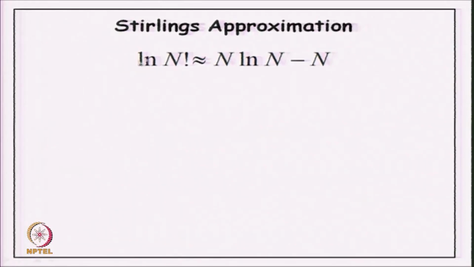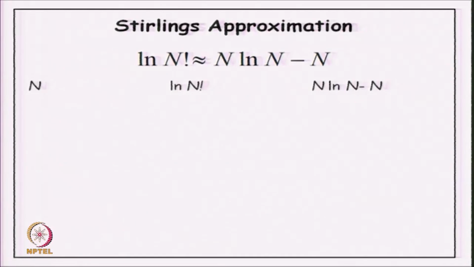Here you can see that earlier we had to find first the factorial of a large number and then take the log. Here finding the factorial has been removed; you have to simply take log of n, multiply by n, minus n. Mathematically this simplifies the process very much.